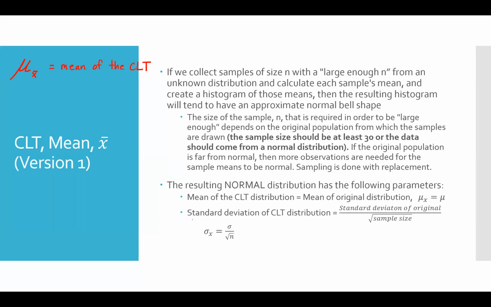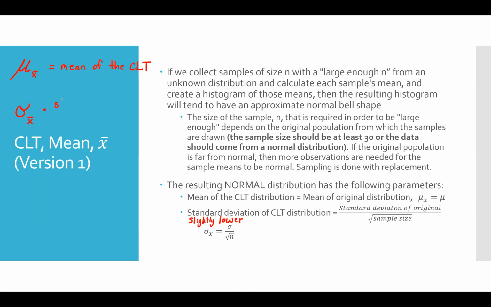The standard deviation of the central limit theorem is slightly lower than the original distribution. And the symbol there is sigma, which is our standard deviation symbol, and you have that subscript of x bar.